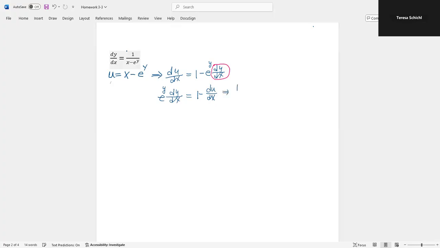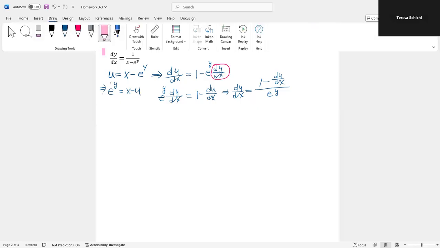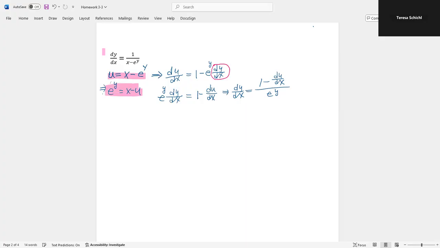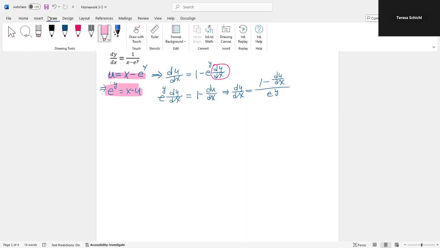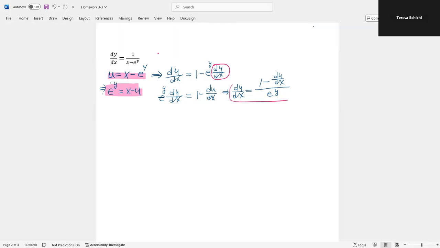Then you want to find dy/dx, which is just going to be equal to (1 minus du/dx) over e^y. Now because u equals x minus e^y, I can also say e^y is equal to x minus u. I'm going to highlight those, just in case I need to use this information later. Now I find my dy/dx, and I'm going to substitute it into the original equation.